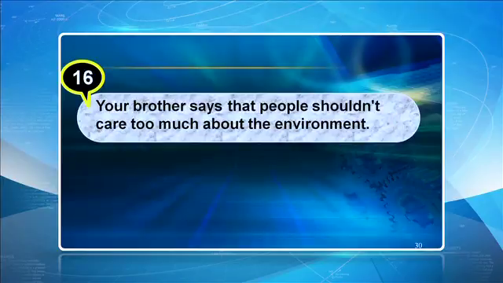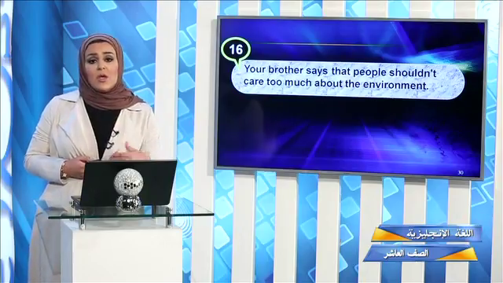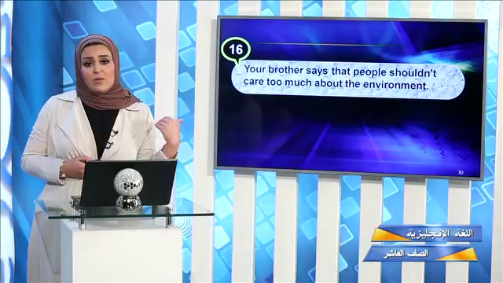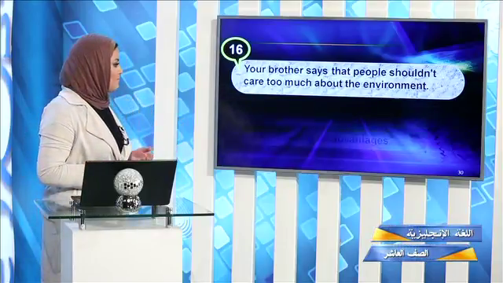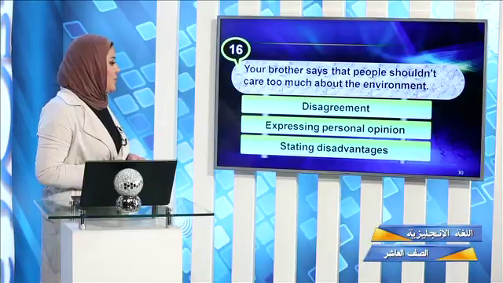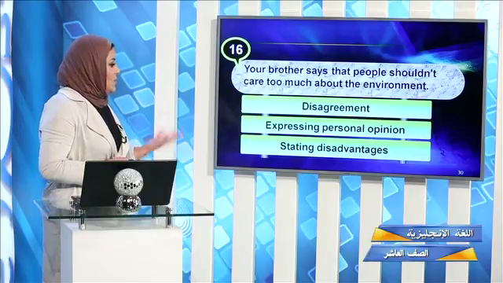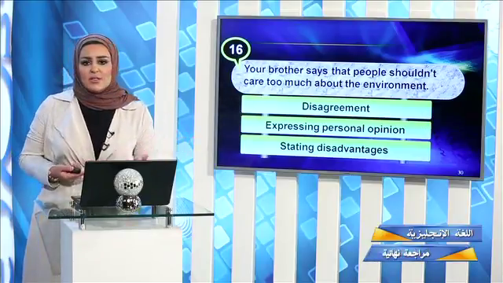Good. 16, your brother says that people shouldn't care too much about the environment. So what are you going to tell your brother? He's in front of you telling you this statement. What is your reply going to be? So you can disagree with him. You can say, I disagree with you, brother.